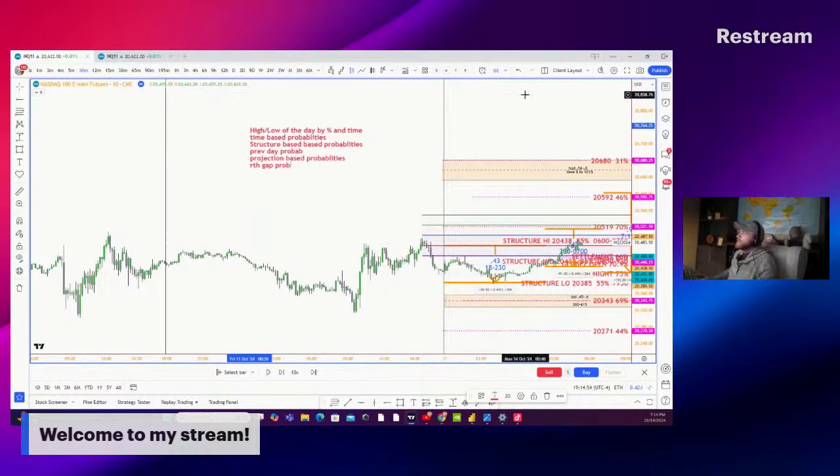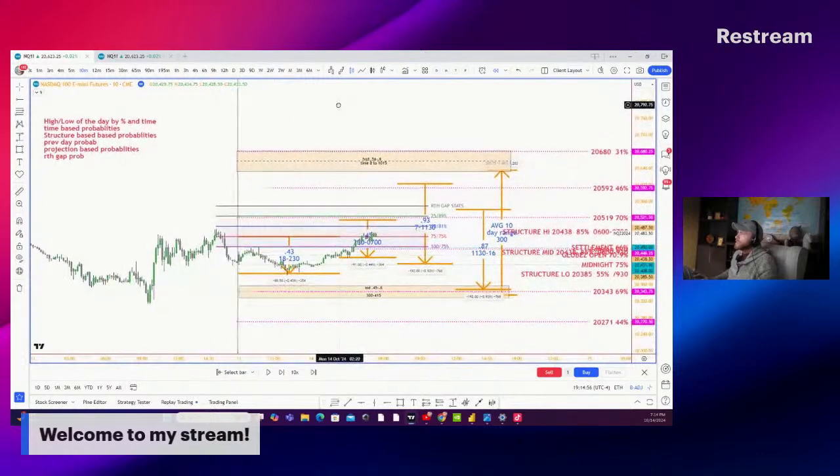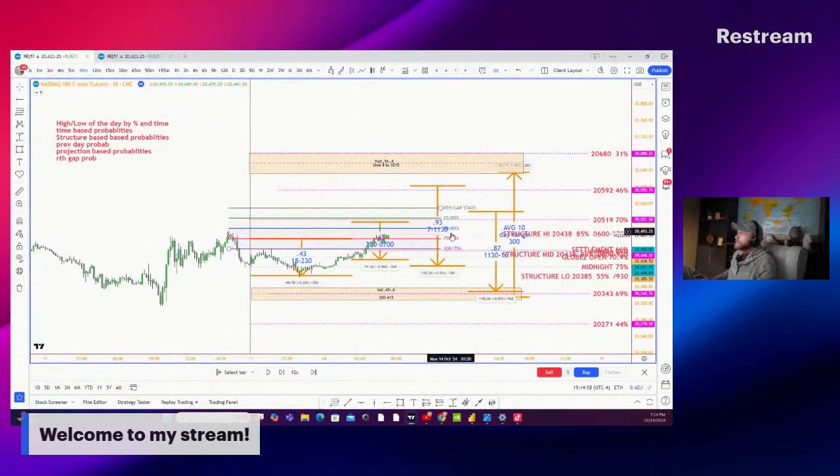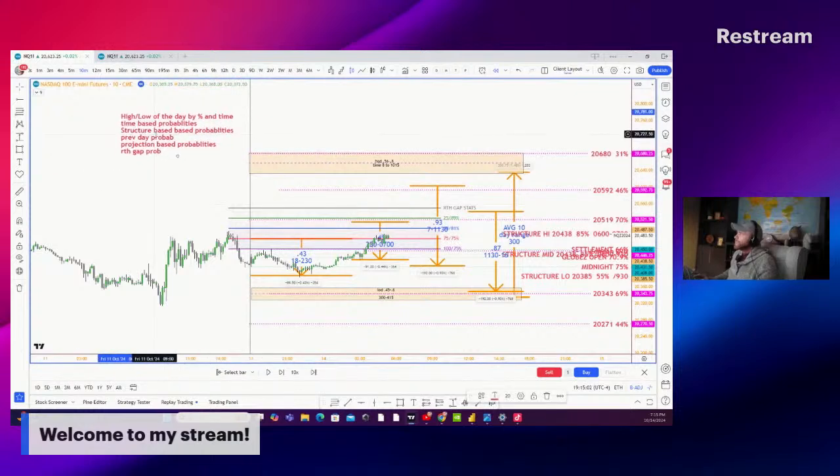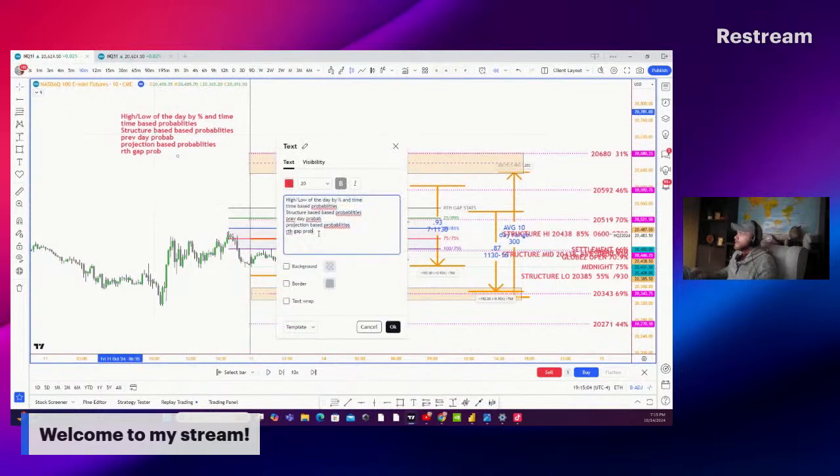All right, and then let's see, what am I forgetting? RTH gap. All right, and then we have our 10-day average range. We have our 4 periods of distros, right?